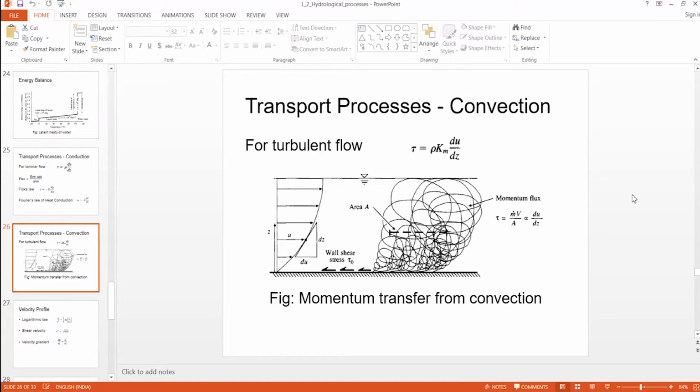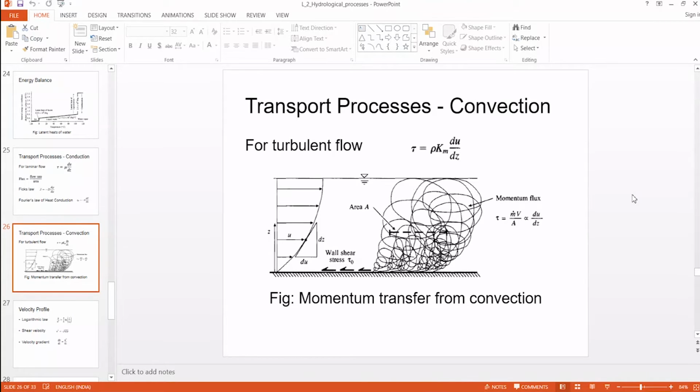In the previous conduction, tau is equal to mu du by dz, where mu is the viscosity of the fluid, that is a fluid property, which has nothing to do with the turbulence. But here in turbulent flow, tau is equal to rho k_m du by dz, where k_m is called eddy viscosity. Eddy viscosity is a function of flow.